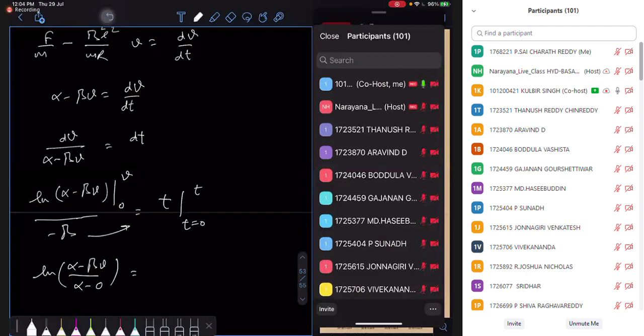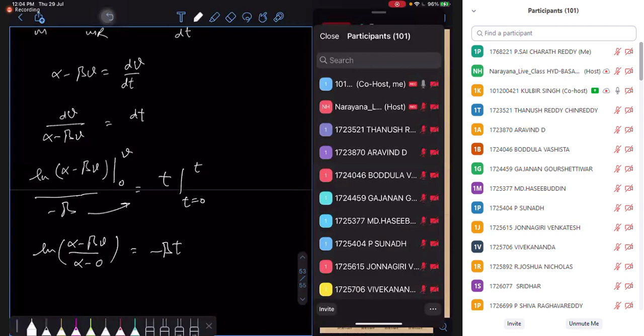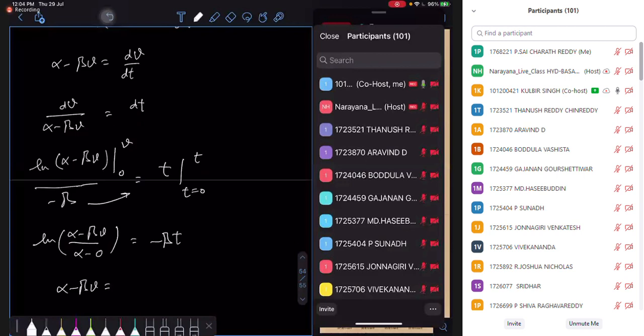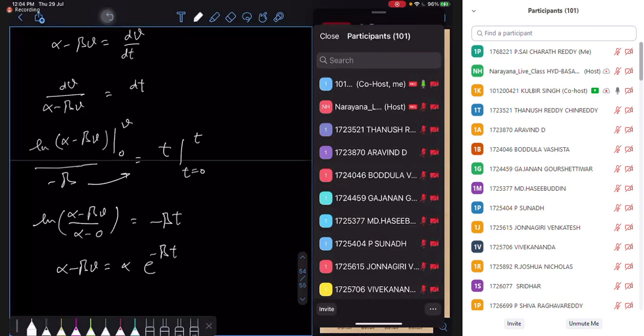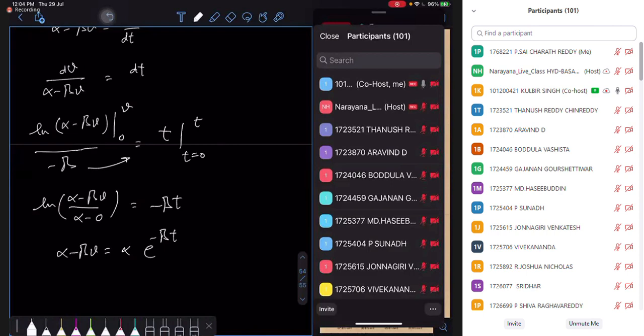This beta you can take on the side, beta t. Taking the log, it gives me alpha exponential minus beta t. So I got the value of v as alpha by beta times 1 minus exponential factor.